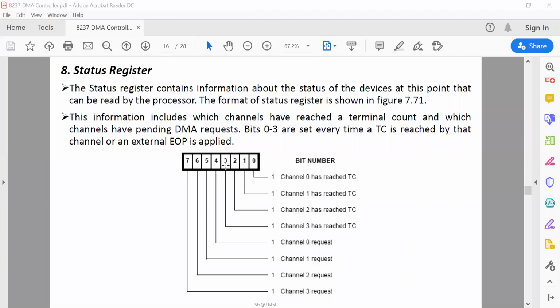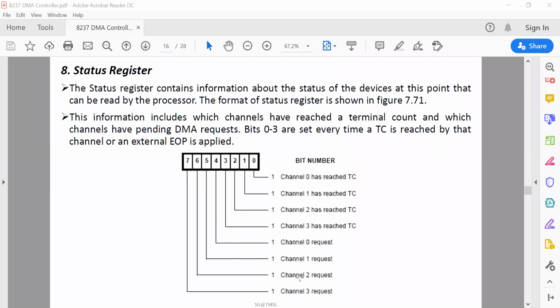Now if bits D4 to D7 are set, then the corresponding channel request service is to be given. Suppose channel 0 is used, at that time this bit will be 1.